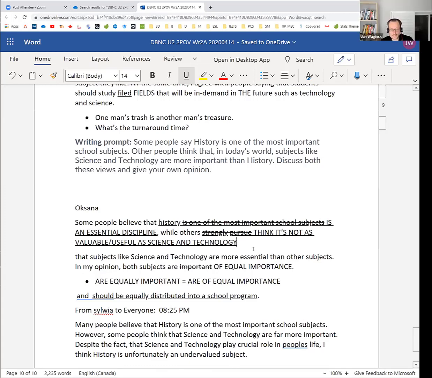Like good can also be expressed as not bad. Or fast can be expressed as not slow. So there's always that opposite way of describing things.